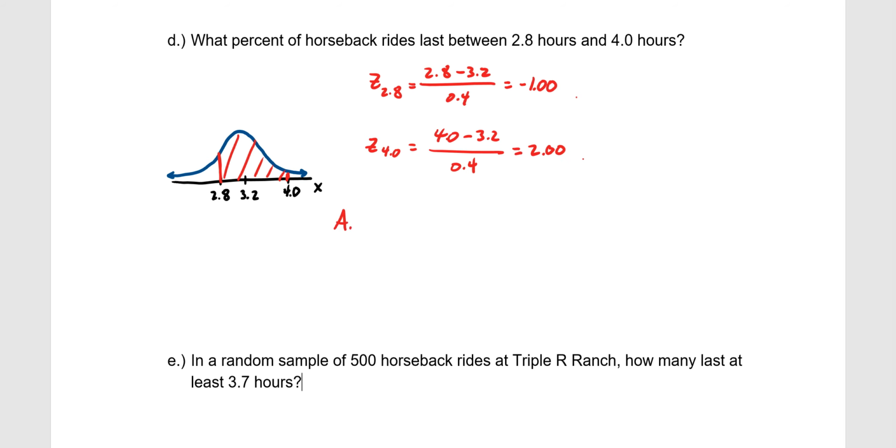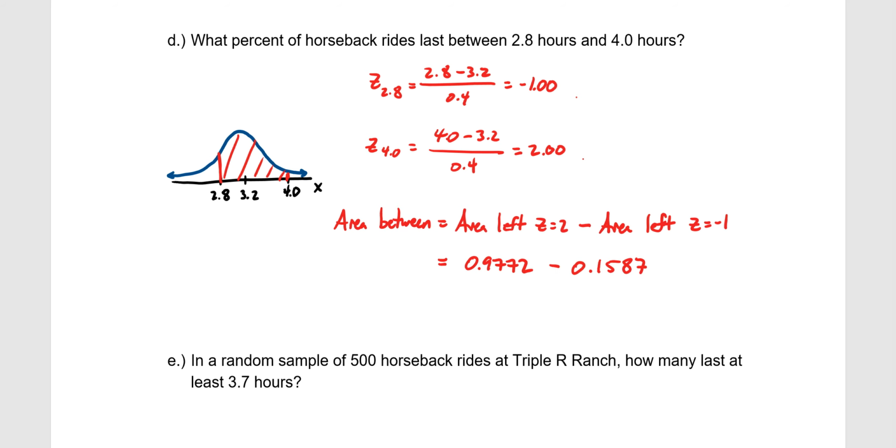So finding the area between, we have to remember that that's going to be the area left of the larger one, which is 2, minus the area left of the smaller one, which was -1. And the area to the left of z equals 2 is 0.9772 minus the area to the left of z equals -1, 0.1587.